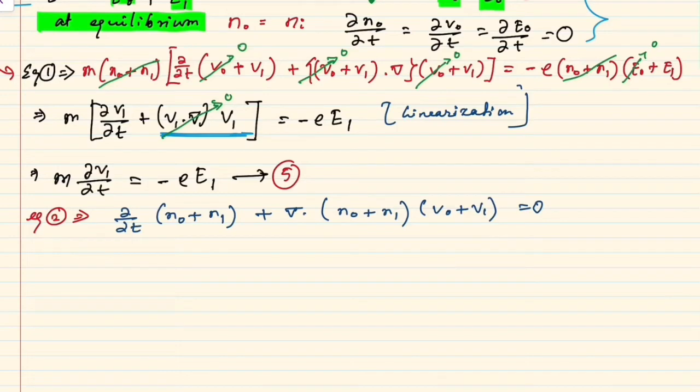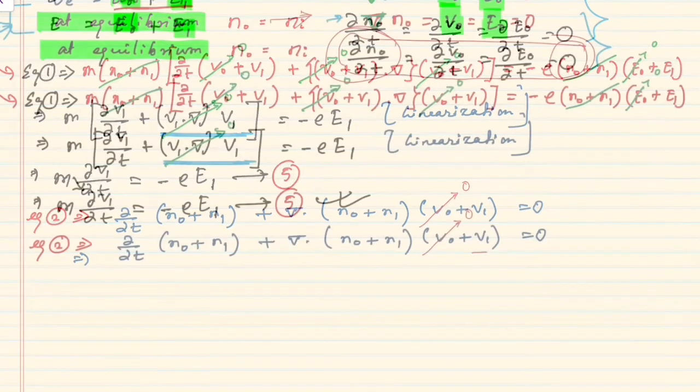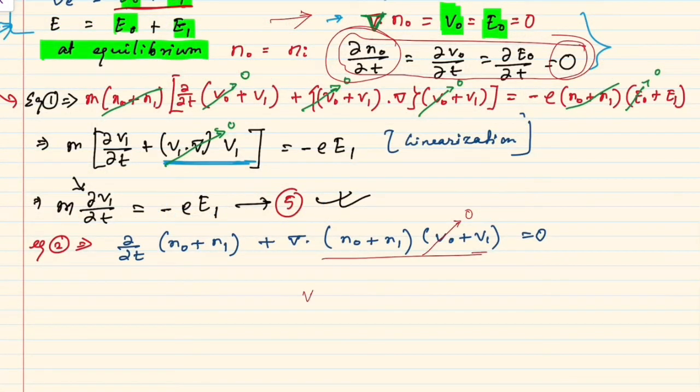Now at equilibrium V naught is 0, so let me use this. Now this equation is reduced to, let me show this term only: from this part we got del dot n naught V1 plus n1 V1.